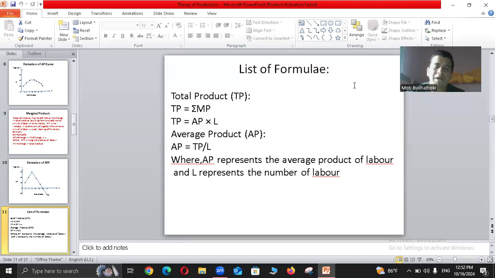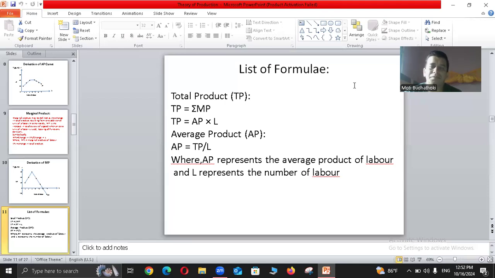And in case of finding MP, MP is equal to TP2 minus TP1. Or if we subtract the previous total product from the new total product, at that time we can get the marginal product.